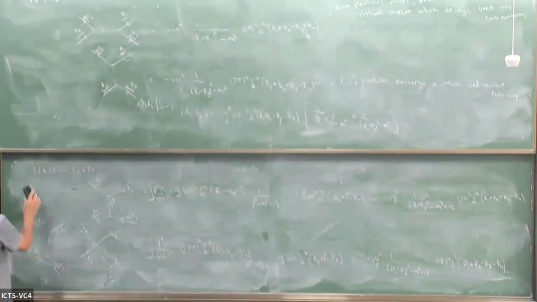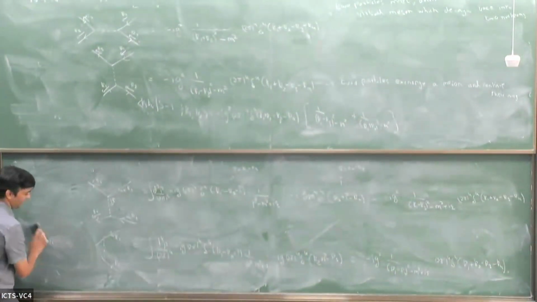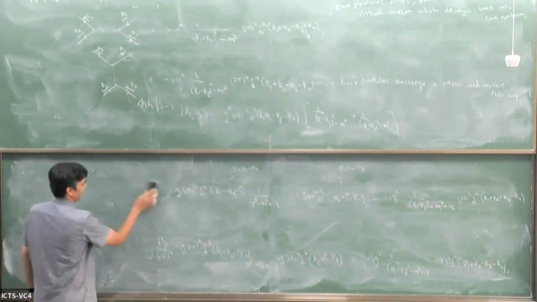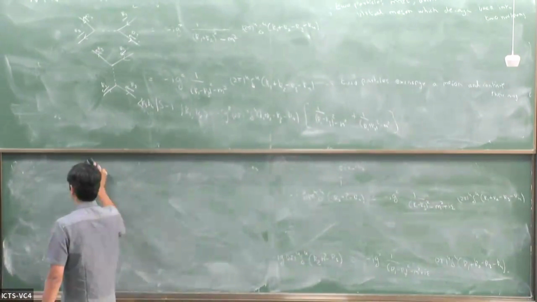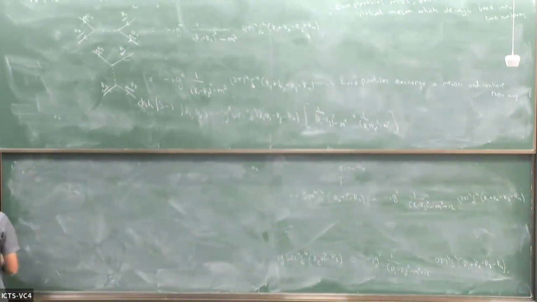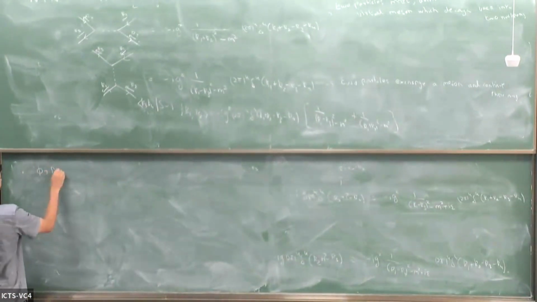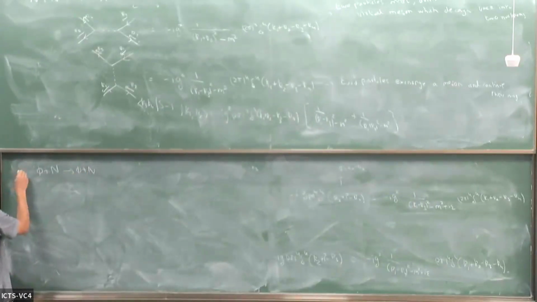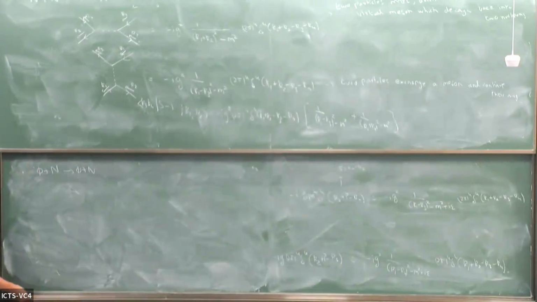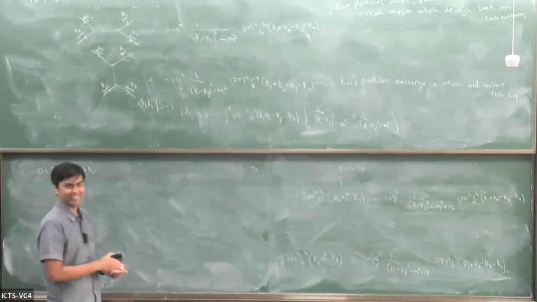So I'm going to get someone to do this on the board. Let's see who volunteers. Let's do 5 plus n goes to 5 plus n. There are two diagrams for this process as well. Will someone come and draw one diagram?